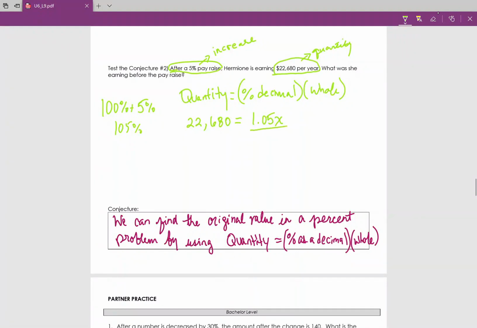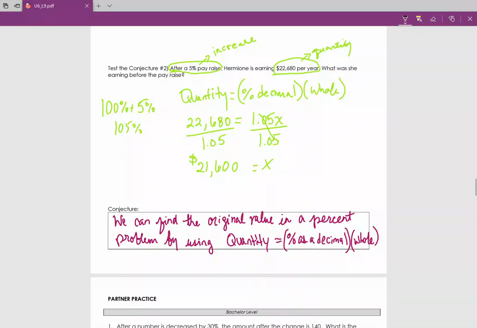Let's figure out what it is. Let me plug it into my calculator for accuracy. We have 22,680 divided by 1.05, and I get $21,600. Does our conjecture hold true? Can we find the original value in a percent problem by using this formula? Yes, we can.